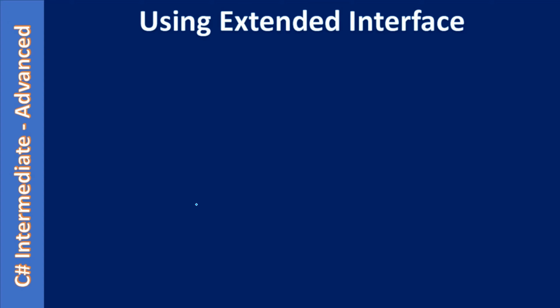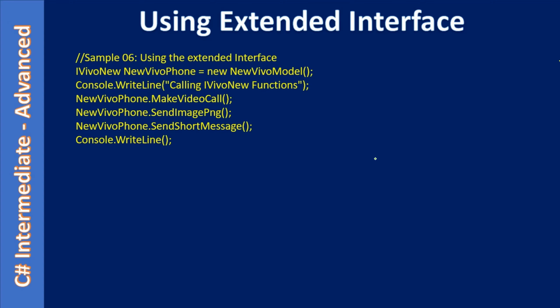Now let us start using these interface functions. So here, if you see, first we are creating a new Vivo phone, and the phone is created here, NewVivoModel, and this new Vivo phone is a reference of type IVivoNew. Now we know what all functions are offered by this IVivoNew.